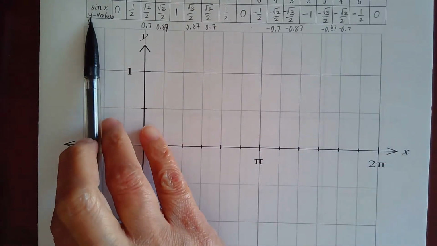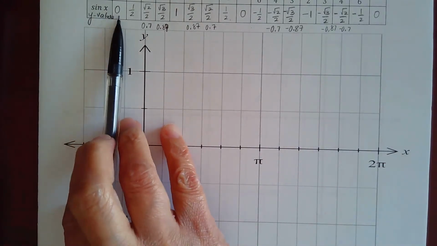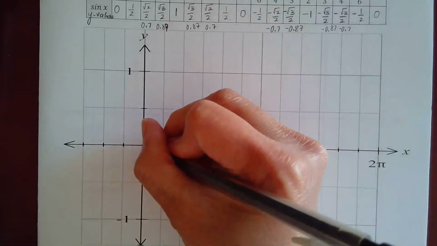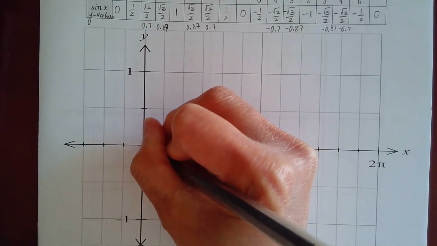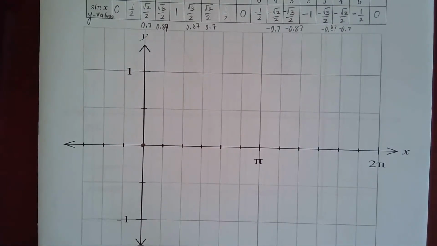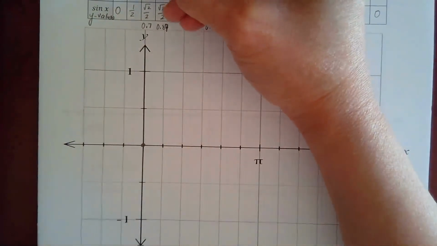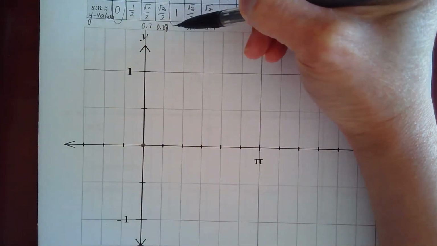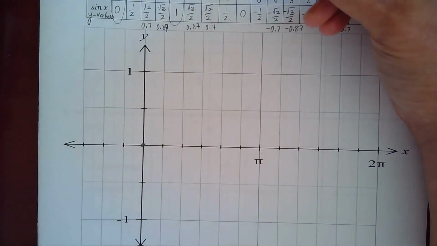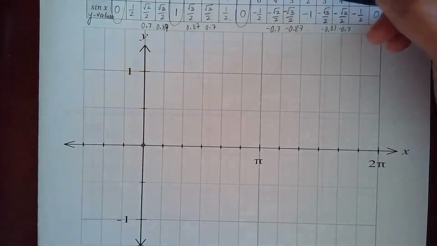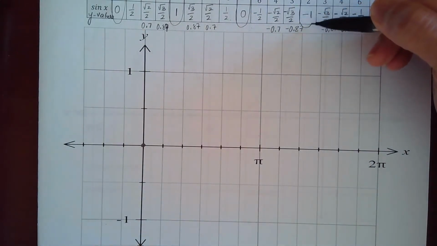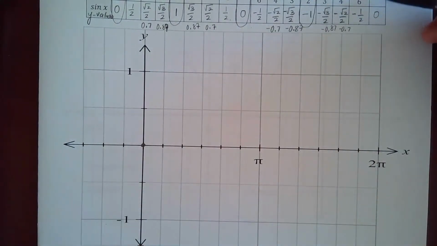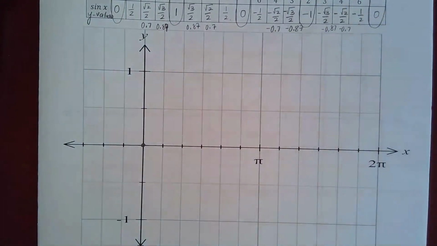The y equals the sine of x, which is 0. So 0, 0 is right there. I'm going to graph these ones first. These are the quadrantal angles because that's right on the quadrants.